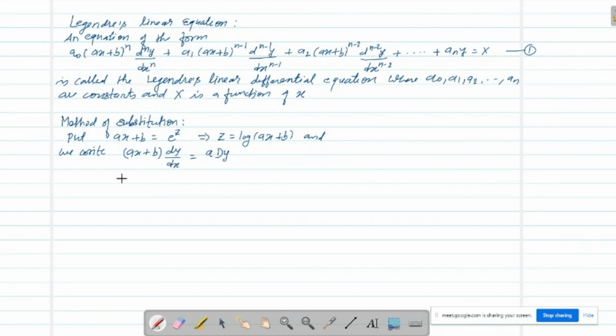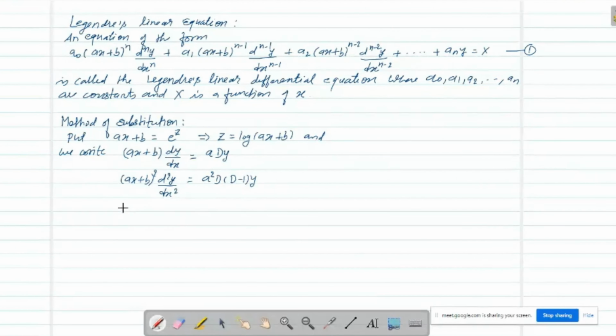Okay, and for the second term, (ax plus b) square d square y by dx square equal to a square D(D minus 1) y.